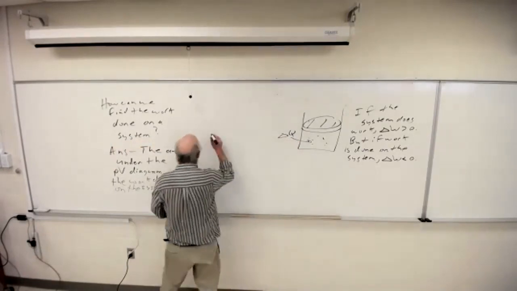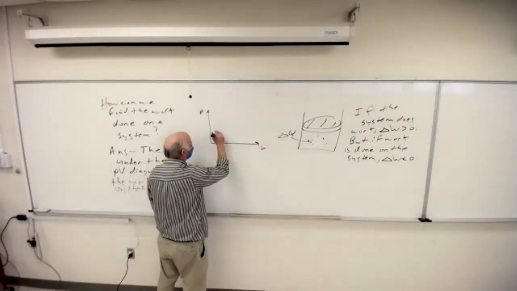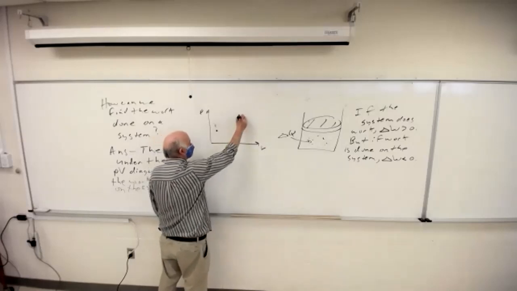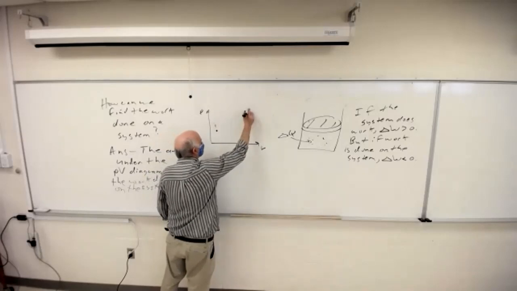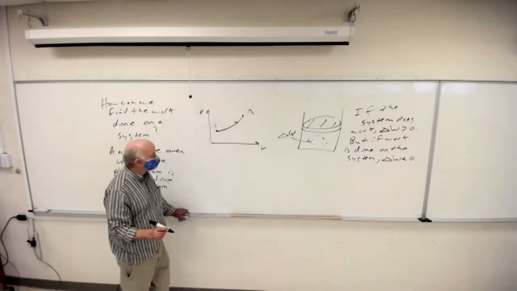What I mean here is if you look at this, if this is P, this is V. Here's your initial spot, here's your first spot. Here's your second spot. Let's say I have some curve that looks like that. Who knows what that curve looks like? Doesn't matter.